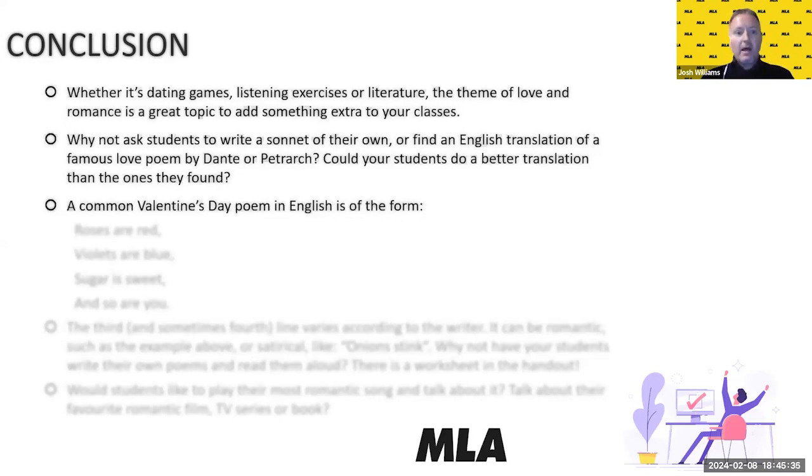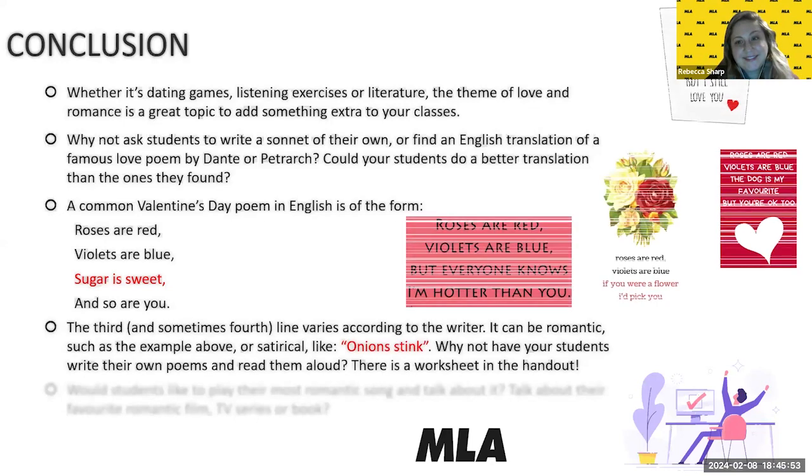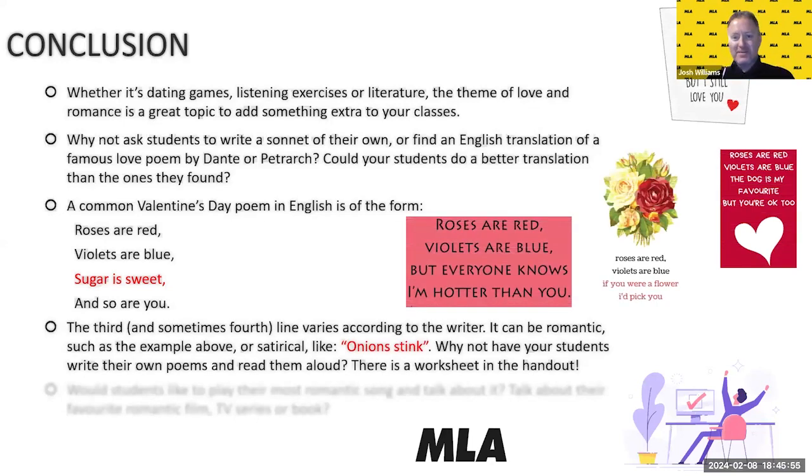One common Valentine's Day poem in English is of this form. Roses are red, violets are blue. Then we have a line. In this one, sugar is sweet, and so are you. You can see some examples here, although they're not always and so are you, but some form of that, rhyming with you.